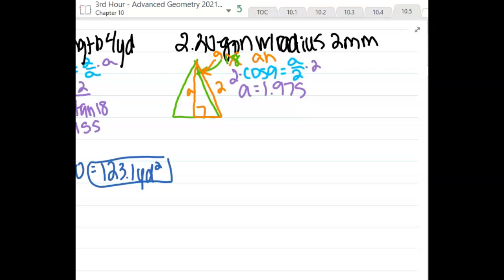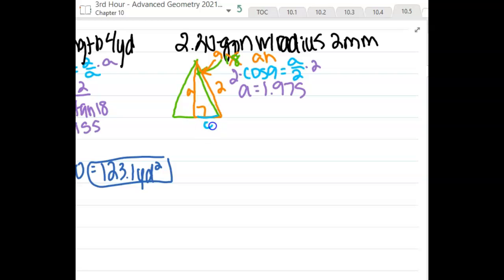Now here's the thing. In order to find the area, I need the apothem, which I just found, but I also need the perimeter, which means I need the side length. And they gave me the radius. They didn't give me the side length. What else do I need to find? Am I going to need this bottom right here?